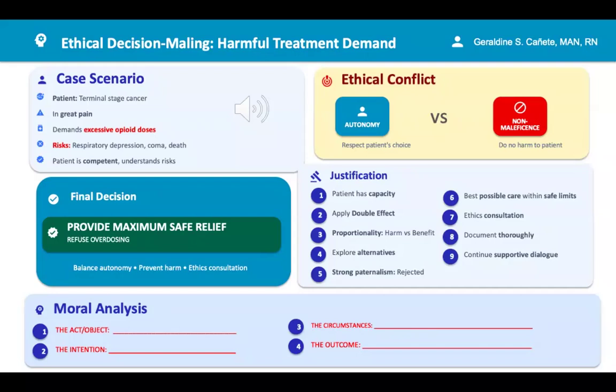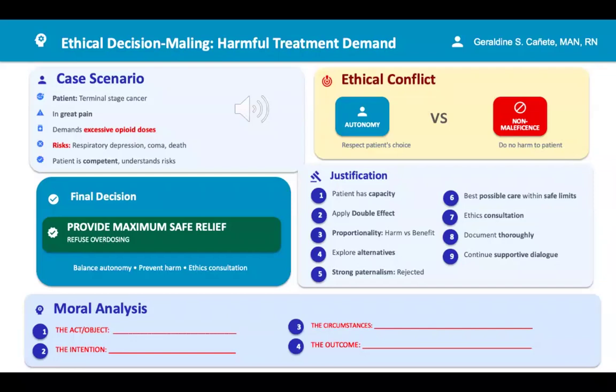Now let's break down the moral analysis using our framework for that final decision. For the act or the object, providing pain relief within safe limits while refusing to administer harmful doses is balancing autonomy and non-maleficence.